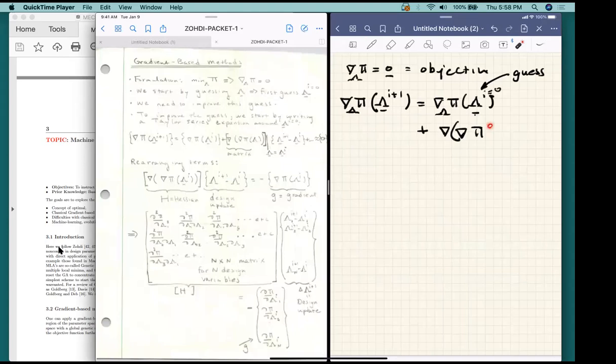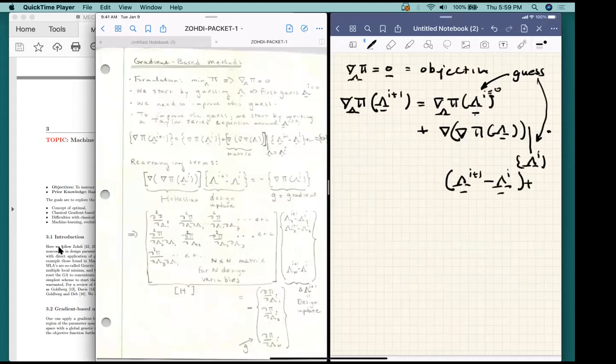So that's a new and complicated thing. And this gradient of the gradient of pi, I'm going to evaluate at lambda i, so at my guess, same guess there. And I'm going to multiply it by the vector lambda i plus 1 minus lambda i, right?